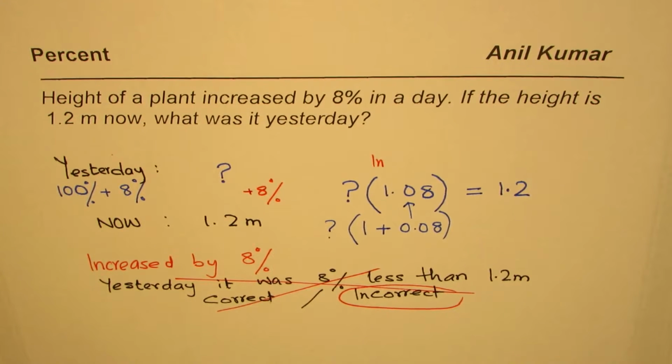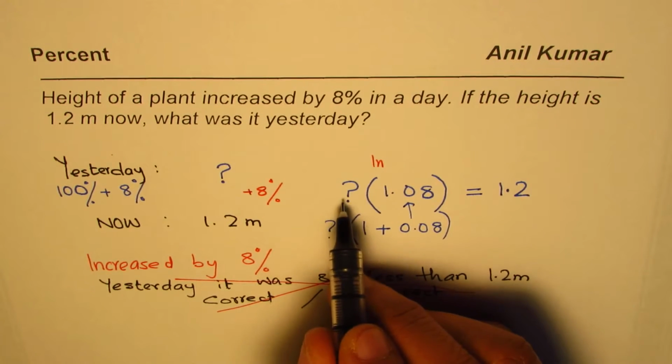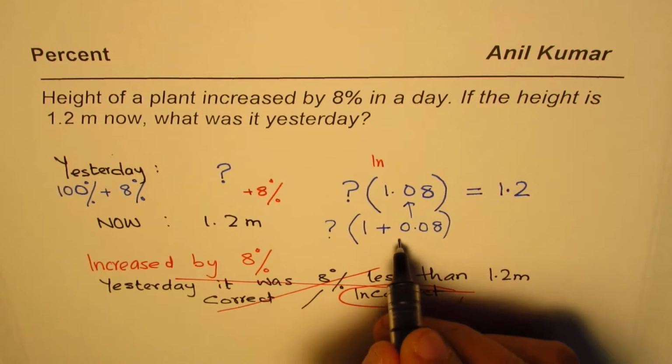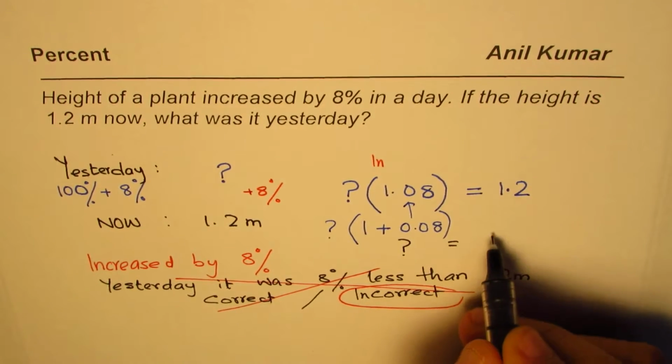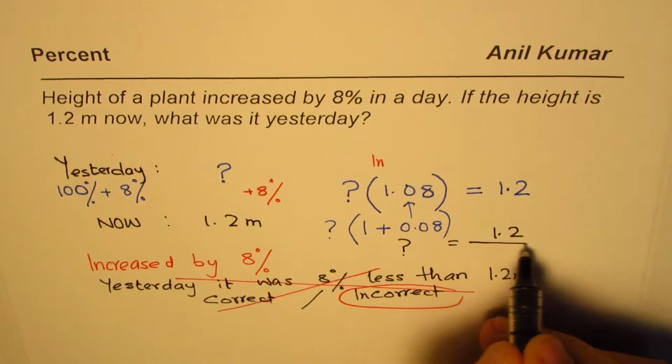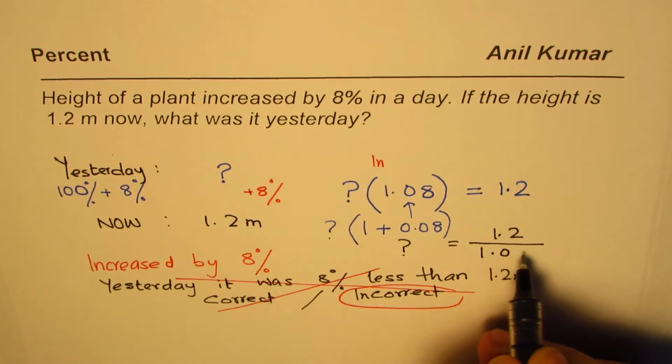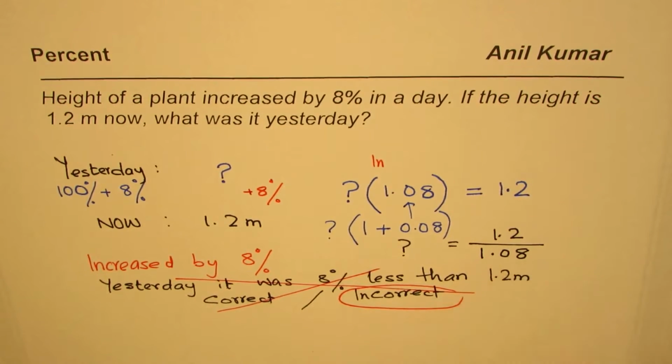Now it's a simple question to answer. So yesterday it was how much? Yesterday it was equal to 1.2 divided by 1.08, right? Dividing by a higher number, you'll get a lesser height.